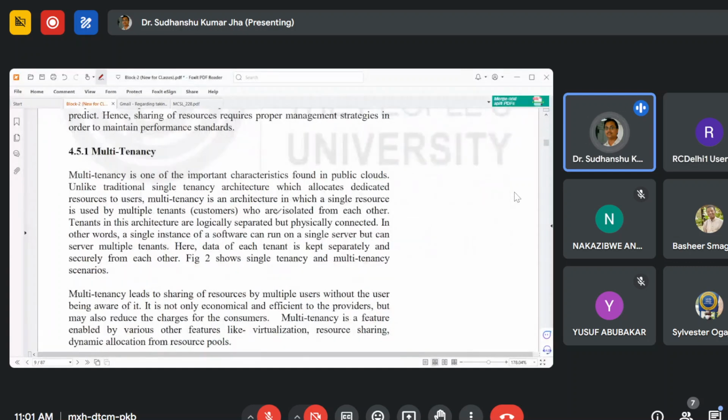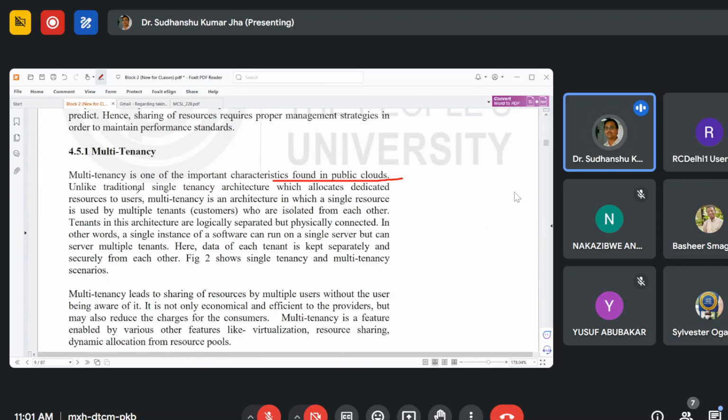So we have a multi-tenancy concept. Multi-tenancy basically means multiple customers simultaneously working with your cloud services. Multi-tenancy is basically performed in the public clouds.